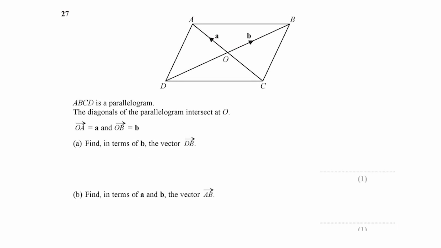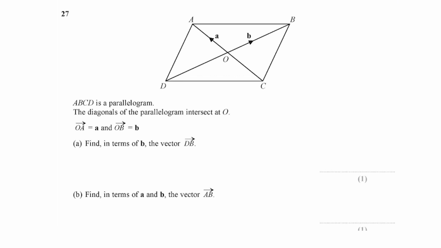Now, it's not the most mathematically accurate description, but you could think of vectors as just a road, or the name of a road. So it says that OA, in other words the journey from the center of that parallelogram to A, there is a road there, and the road has a name, and that is a.